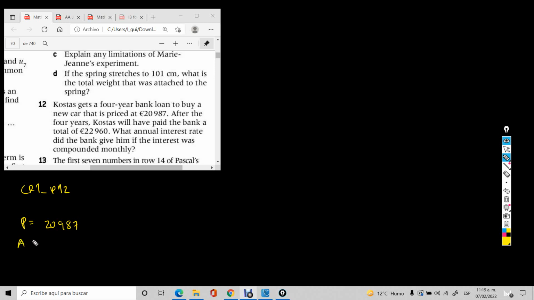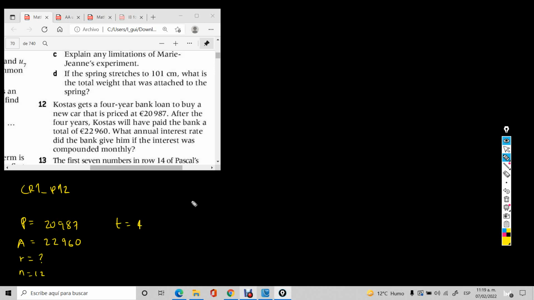So that is the actual amount or the accumulated amount. There you go. What annual interest rate did the bank give him if the interest was compounded monthly? So they're asking me for the interest rate, the compounding frequency N is 12 and the time is 4 years.